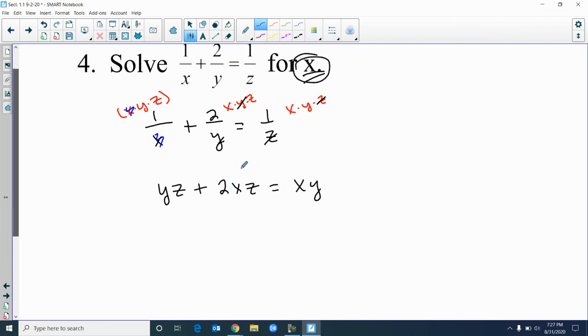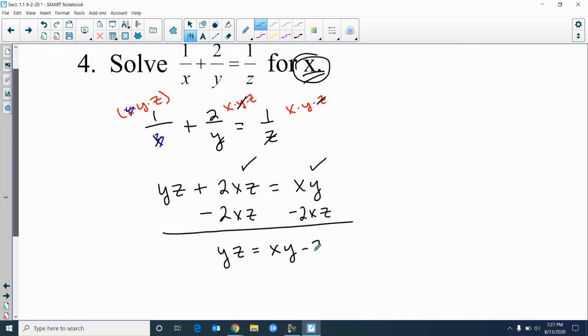I got an x here, and I got an x here. So I got to get the x's on the same side. Probably easiest one here is to subtract 2xz. And I get yz equals xy minus 2xz.